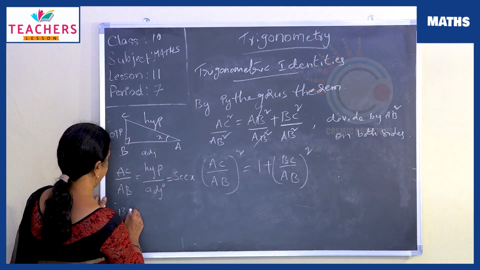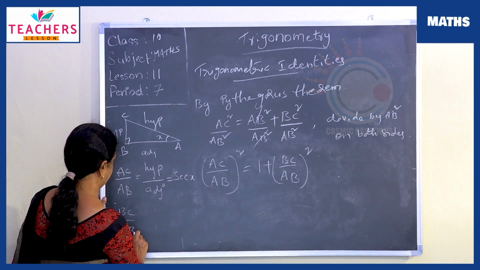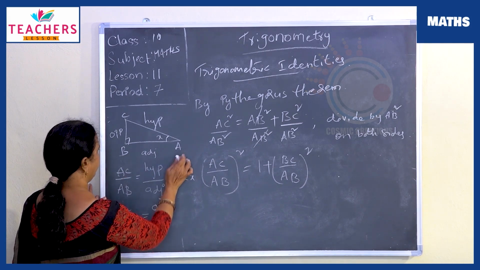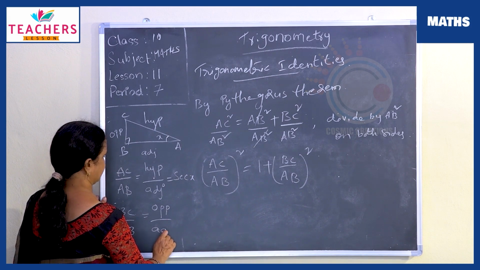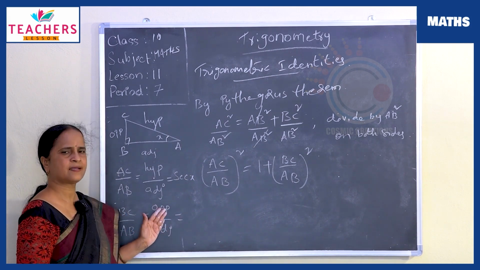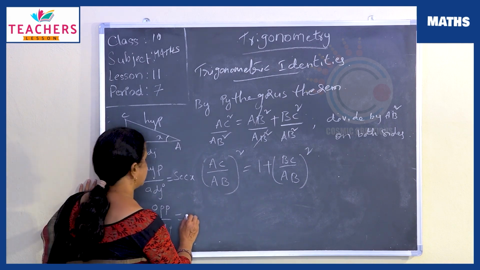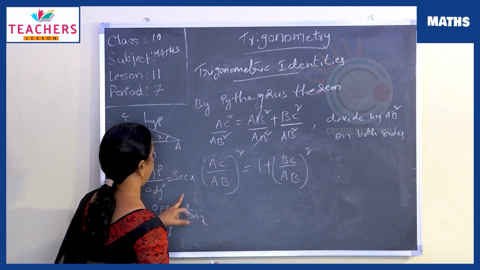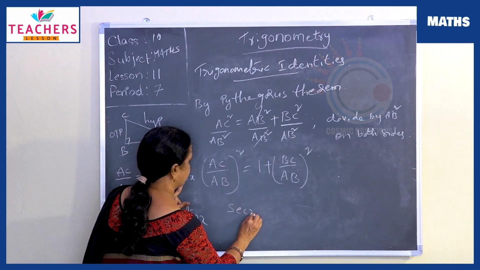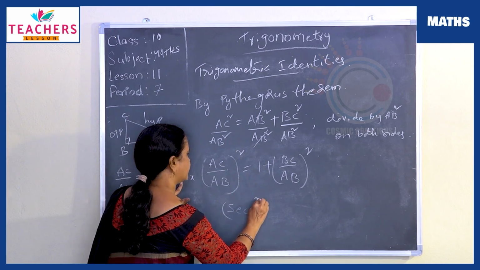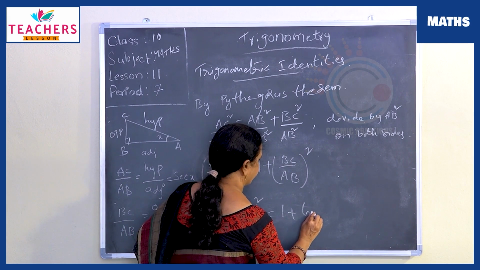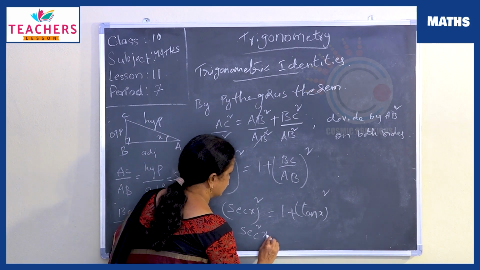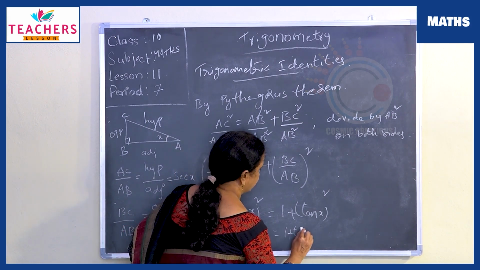Next, BC by AB: BC is opposite and AB is adjacent. Opposite by adjacent means tan x. Instead of AC by AB, I am writing secant x, so secant square x is equal to 1 plus tan square x.